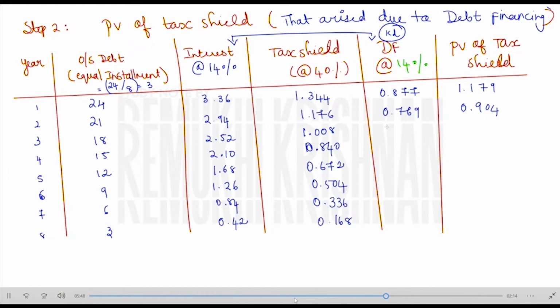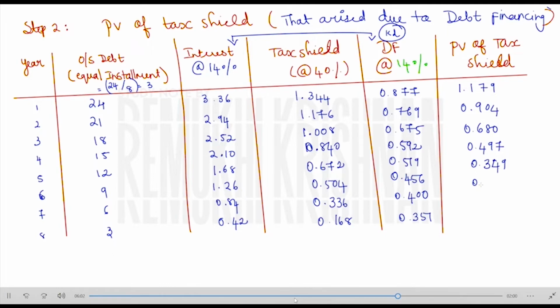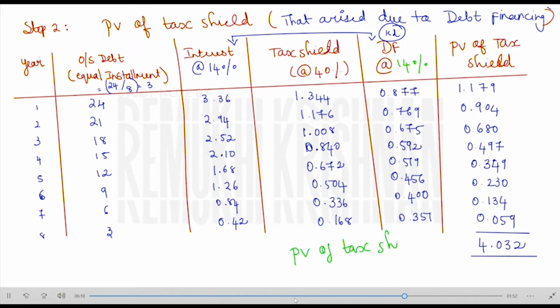My tax rate is 40%, and I should calculate that on the interest. The discount factor is simple. After putting in the first calculation, you can use the equal to sign and find every value. So I have arrived at my present value of tax shield, and the total value is 4.032.